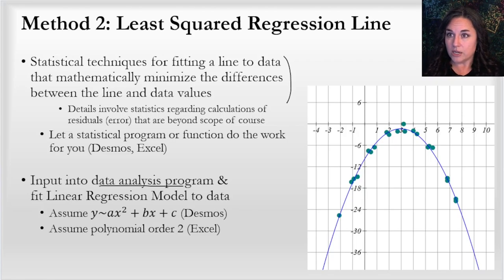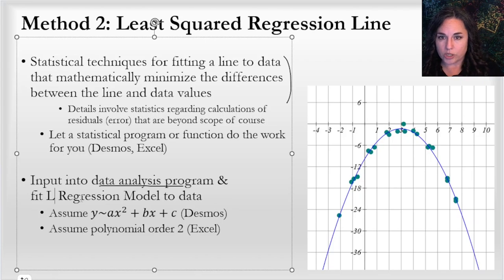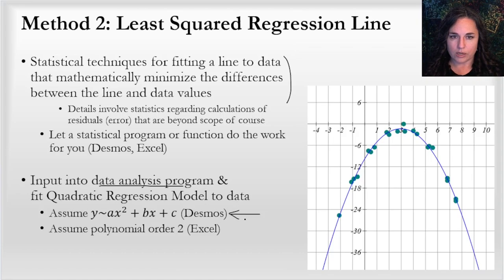And fit a quadratic, I copied and pasted this, fit a quadratic regression model. Quadratic regression model, all right? So if you're in Desmos, you need to tell it. I suppose there's a drop down, but I prefer for you to tell it what that model is.